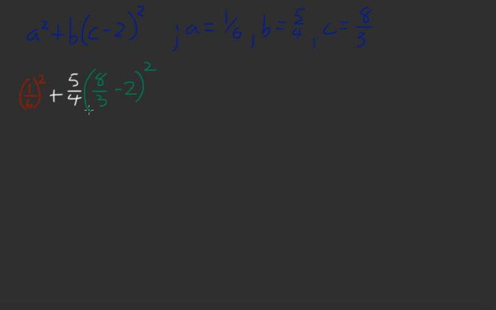Okay. So according to order of operations, we need to do parentheses first, and then we need to do power. So we're just going to focus on this for the time being. 8/3 minus 2. Well, we just need to remember that 2 is 2 over 1.